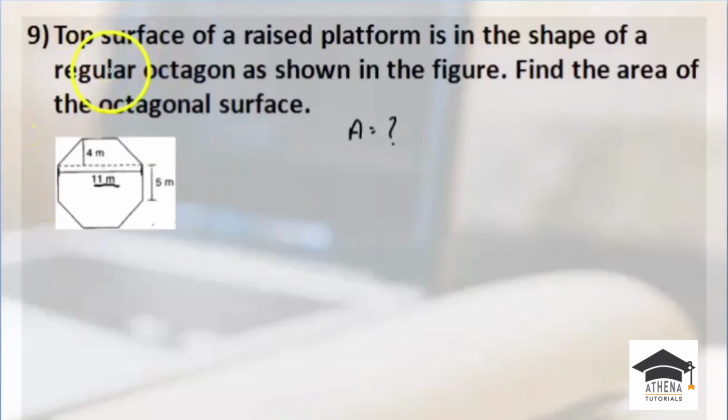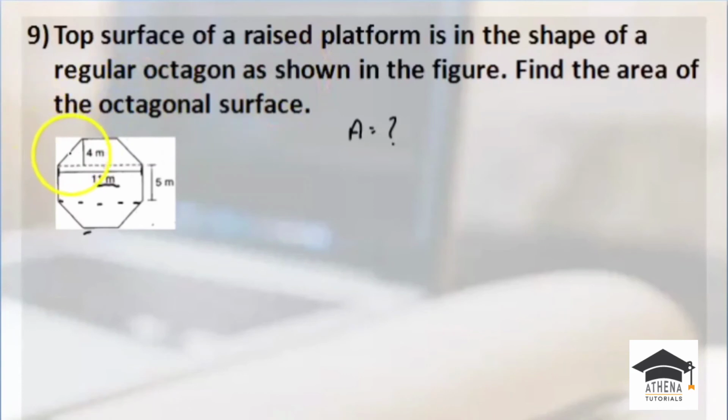Just look into the figure. I've split this, this is one, this one and the final one. So this is the trapezium, the middle one will be the rectangle and this last part will be the trapezium again.